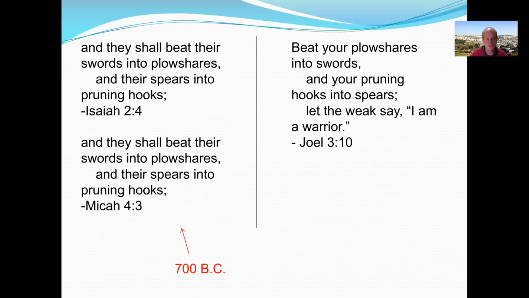Like I said, those first two are written in 700 BC. I think it is more likely that Joel read those two, mostly because, if for no other reason, it's 2 to 1. I think it's more likely that one person would have reversed the formula than two would have done it.